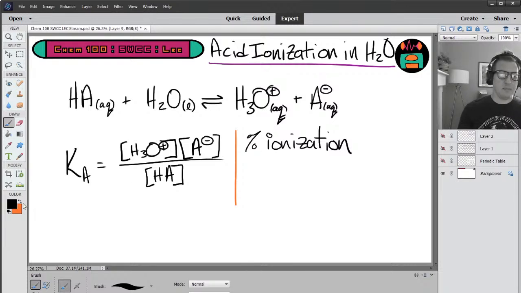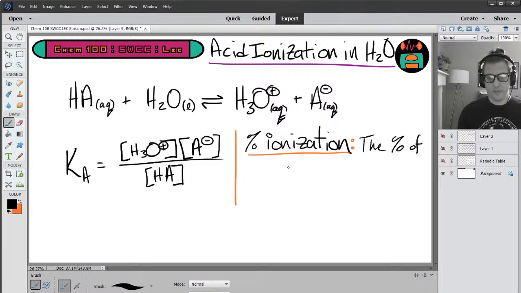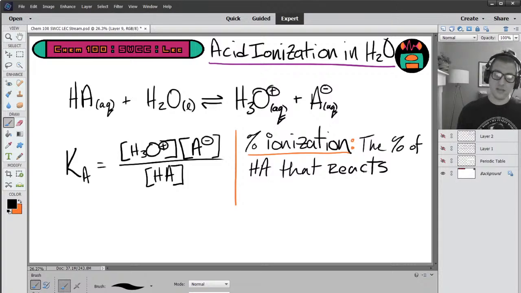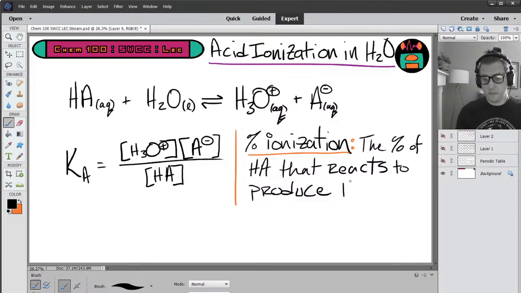All right. And percent ionization tells you the percentage of the acid that reacts to produce hydronium.